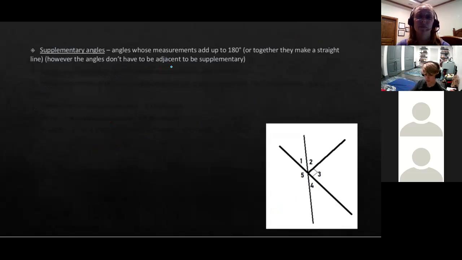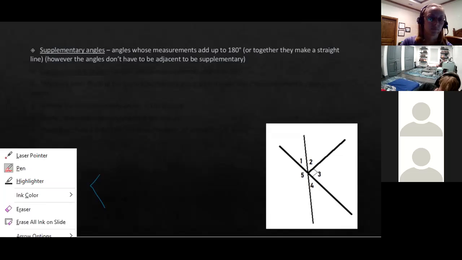So they don't have to make a straight line to be supplementary. I could say that this angle over here plus this angle over here add up to 180 degrees. Even though they're not touching, they're still supplementary. So supplementary just means they add up to 180, whether they're touching or not.